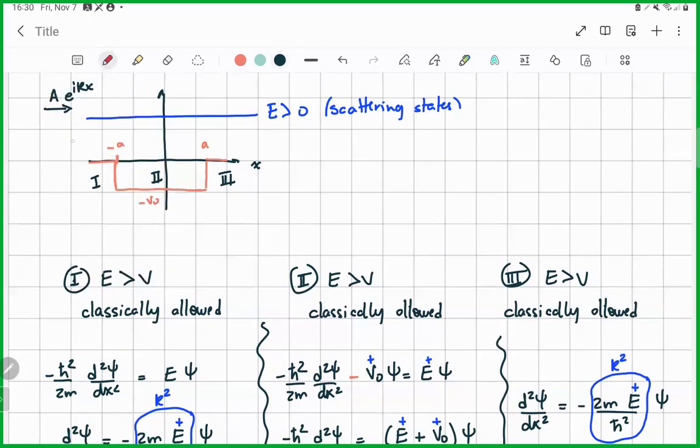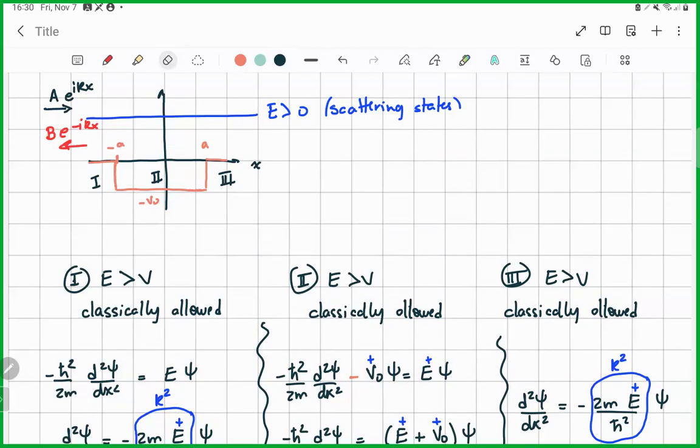The part that gets reflected is the B part, now with the minus ikx. If I add there the part that depends on time, we'll see that this is the piece of the wave moving to the left, getting reflected to the left. Okay, so let me repeat in case I said a word wrong. The part with A indicates the one that is moving to the right because we have plus ikx. The part with B indicates the wave moving to the left because we have the minus ikx.